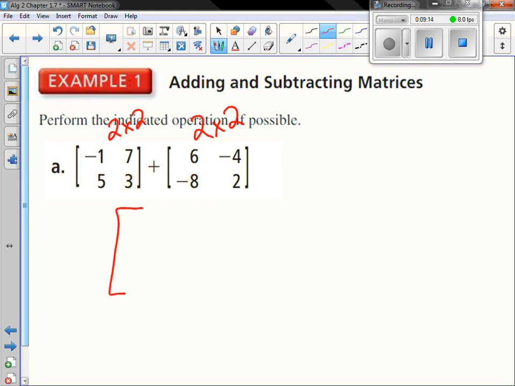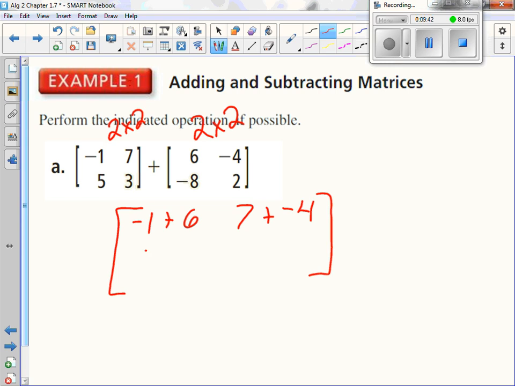So what we're going to do is add the corresponding elements. Negative 1 is in the top left corner, and we're going to add to it the element that's in the top left corner. So we're going to add negative 1 and 6. Then top right, bottom left here is 5 plus negative 8, and then we'd have 3 plus 2.